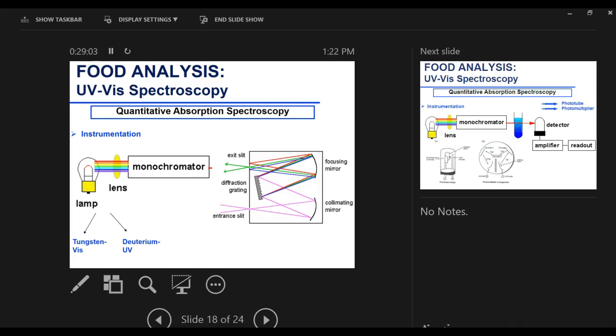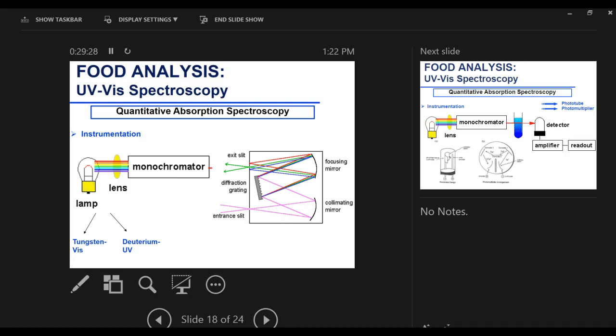So this is what it is. The light goes in, and due to the geometry of the instrument, you often have mirrors that contain everything in a small compartment. So the light goes in and gets reflected by the mirror onto a grating system. We call it diffraction grating, or sometimes we have a prism.